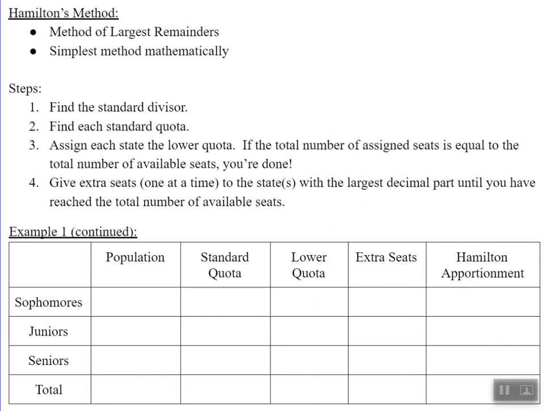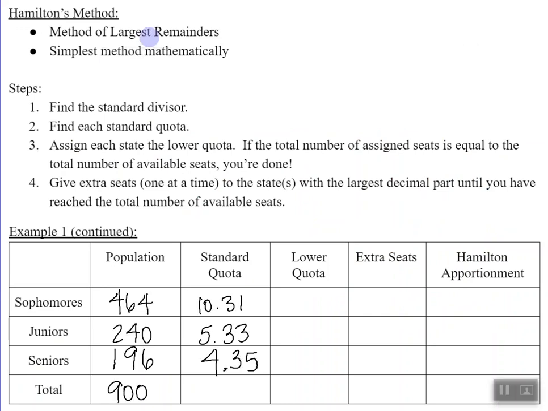So we're going to go back to the class council example. I'm going to copy down some information from the previous slide, and then we can continue with this method. On the previous slide, we had already done steps 1 and 2. We found the standard divisor, we found the standard quotas.